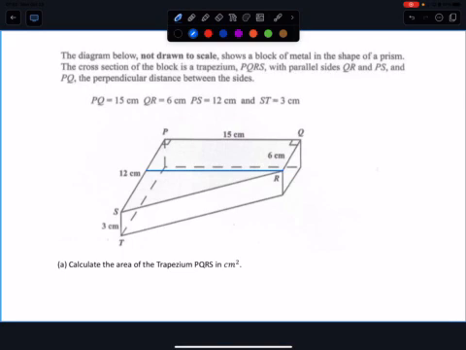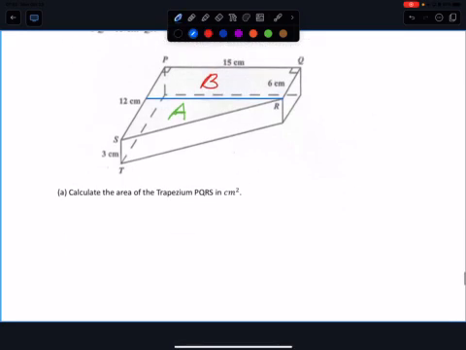Meaning I have A, let me get another color. I have A and I have B. That is one way. So the area of A, or let me take B first, is 6 centimeters multiplied by 15 centimeters.